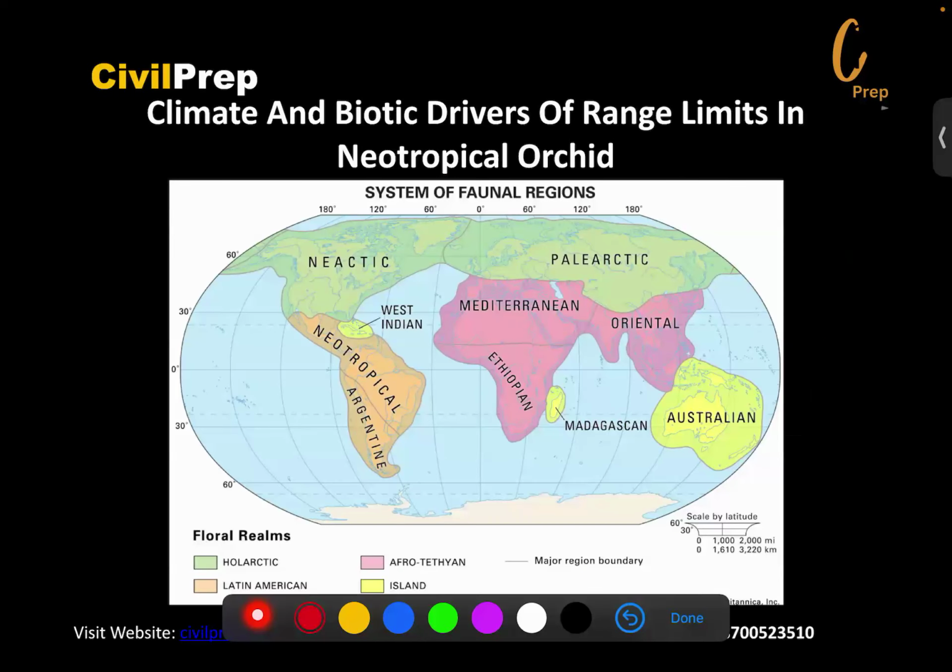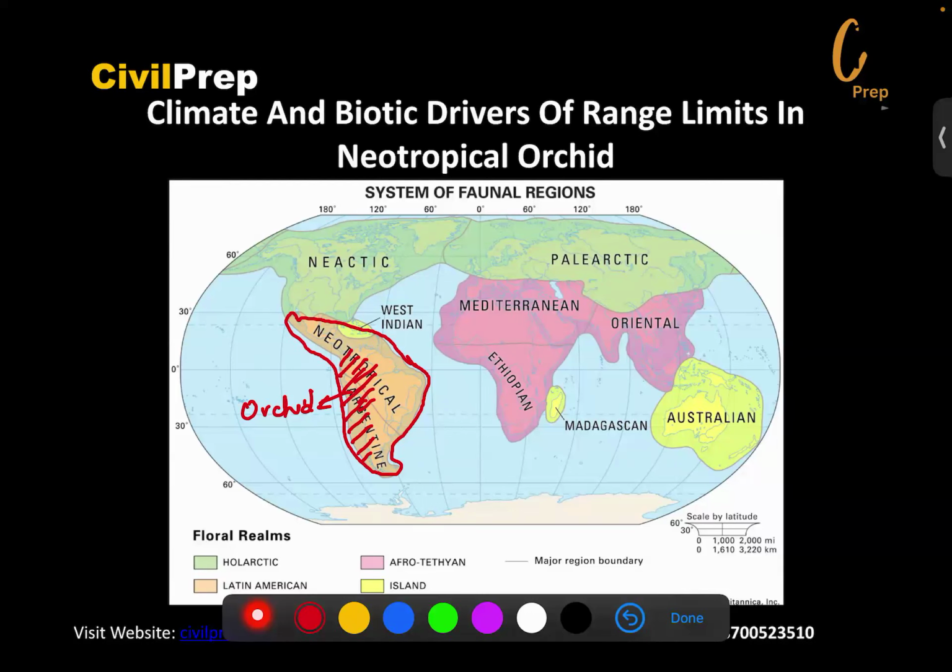Now, here we see that this is the neotropical region where this species of orchid is found. They are found in this particular region, which forms part of the Amazon biome, Brazil region, Argentina, and Chile also.